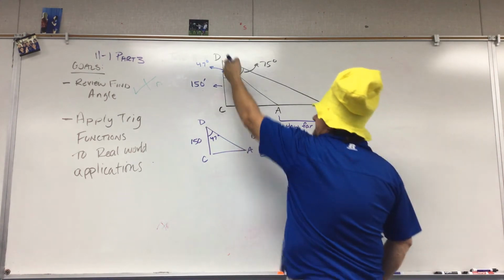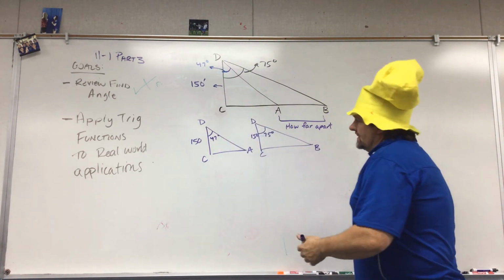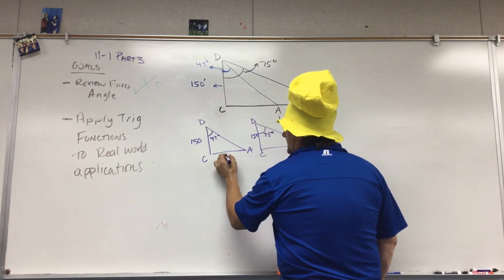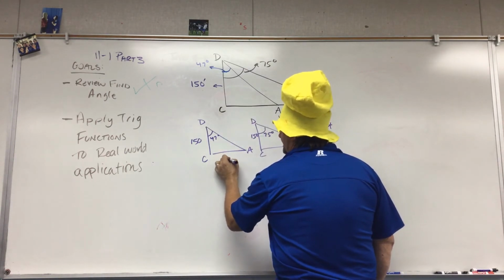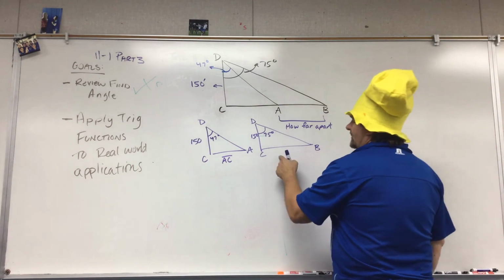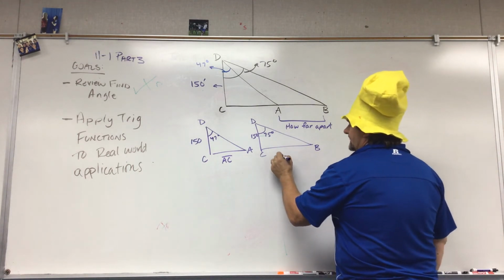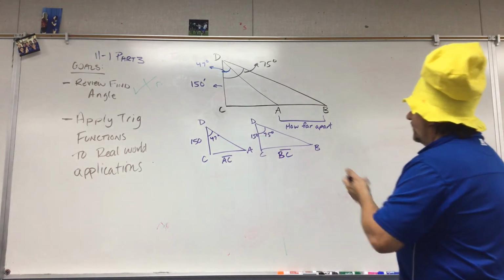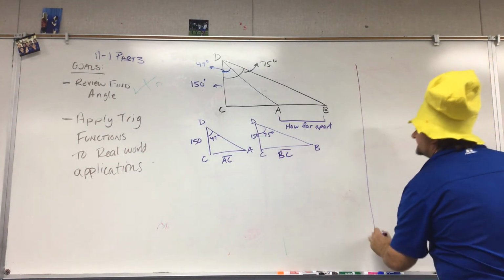They both share the same side here. So we need to find AC, the distance between A and C, and we need to find the distance between B and C. Why?